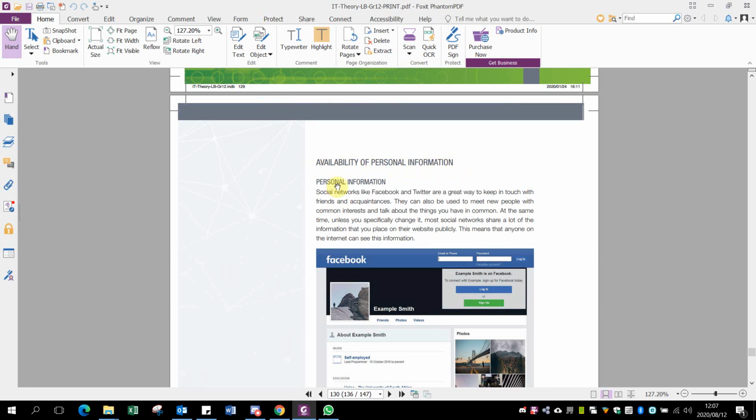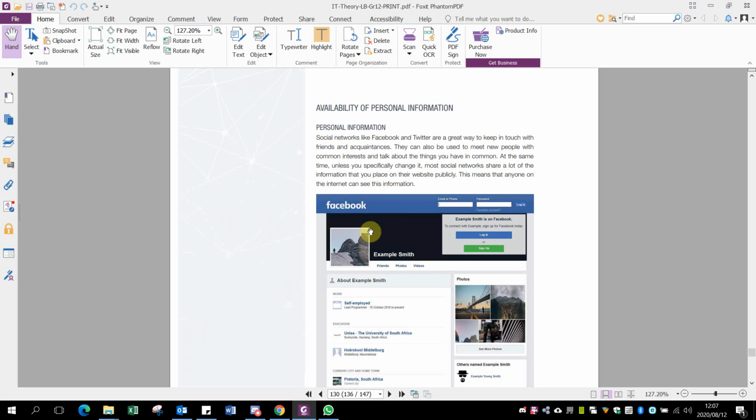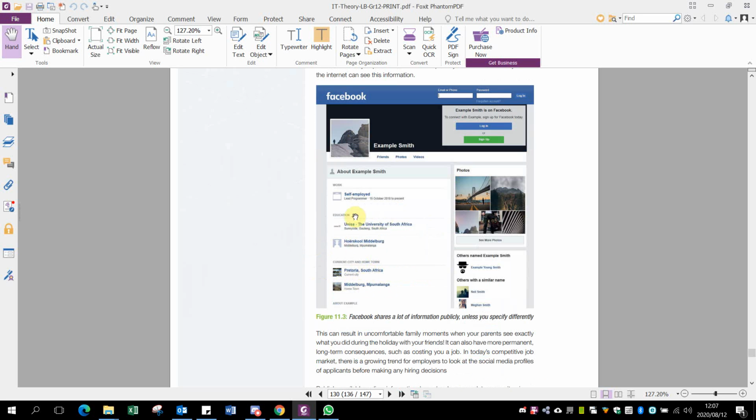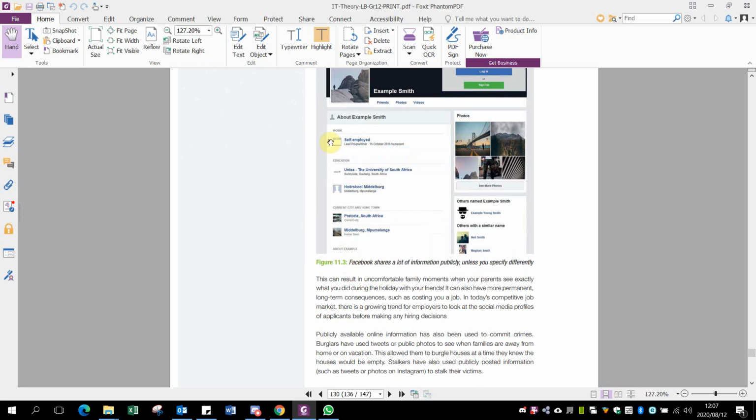Availability of personal information. Nowadays, you can just go to Facebook, look for a specific person, and you can actually get a lot of information about that person. That they are self-employed, studied at UNISA, went to that high school, and using this you can gain more information about them. Sometimes you could even get their email address, and at the end hackers can use this information to do that identity theft we spoke about in previous chapters, where they try to replicate you.